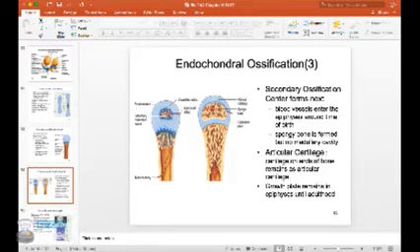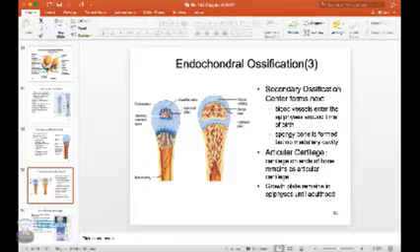So for endochondral ossification, we're going to get this central primary center, and then the secondary ossification center, and both of them are going to form spongy bone first. And the spongy bone in our epiphysis is going to stay. We're not going to carve it out for the medullary cavity like we do in the diaphysis.